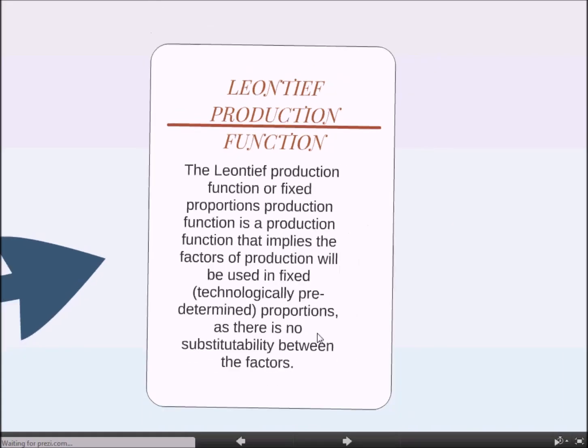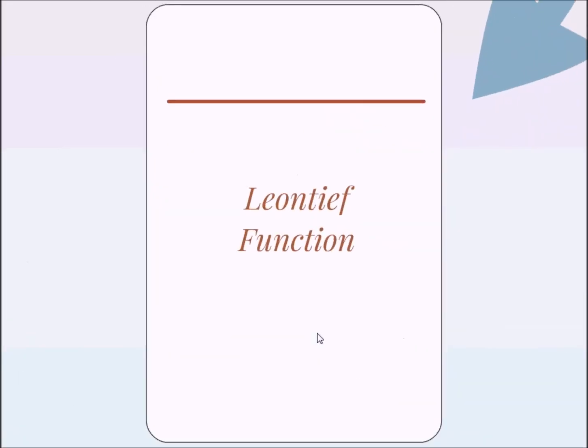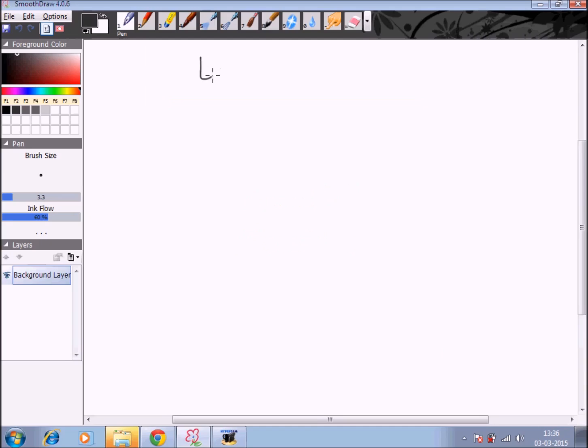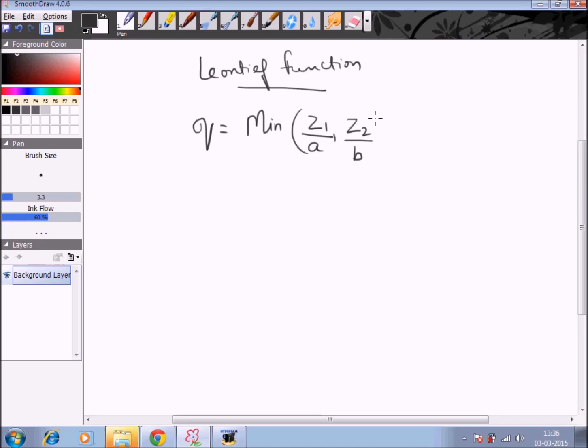Now let's see what is a Leontief function. We represent it in this form. Q, that is the output, is a function of Z1 upon A comma Z2 upon B.